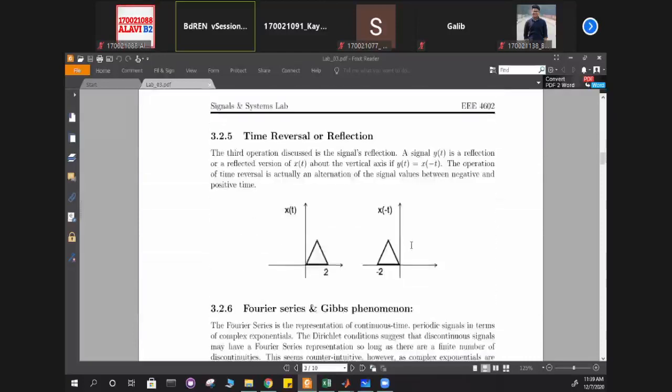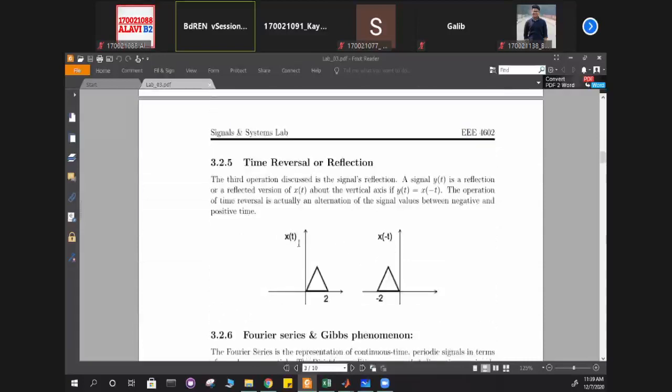I am just confirming that you have already learned this before. So x(t) is your original signal. If I do time reversal, x(-t), it will go to the negative side, isn't it? Yes, sir. And it will be mirrored along the y-axis, because t is your x-axis here. So if we are doing x(-t), that will be reversed. Okay.